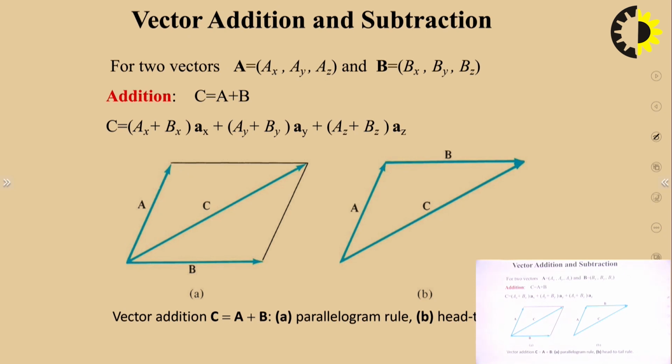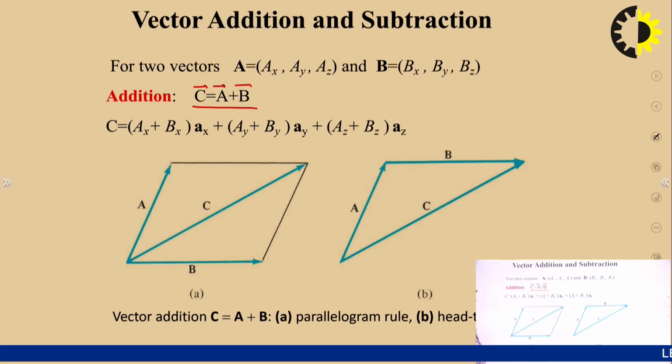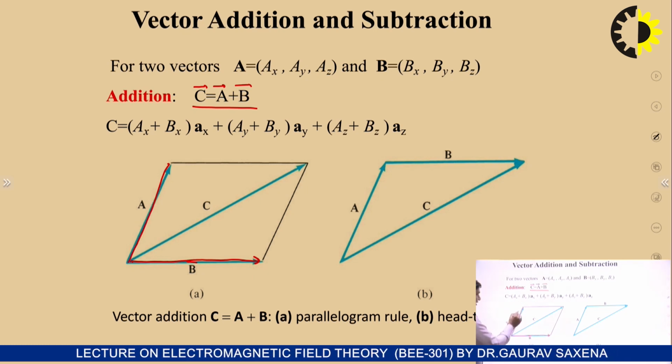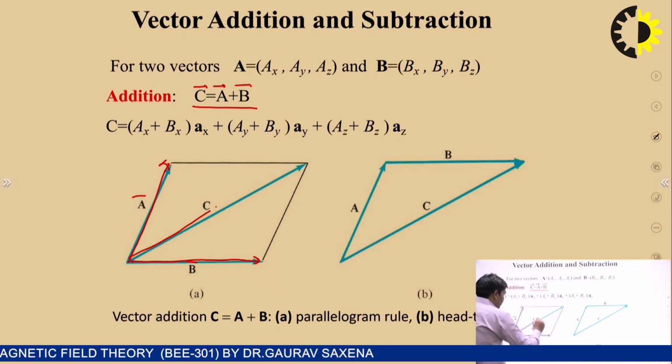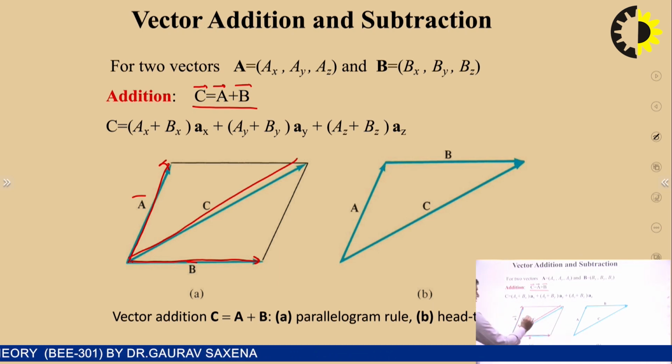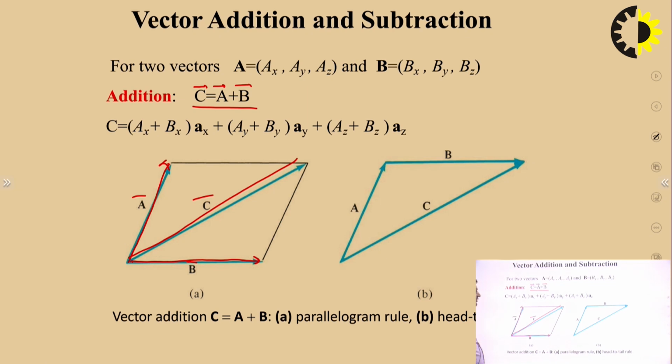If we add these two vectors, C is the resultant of vector A and vector B. Using the parallelogram rule, if this vector represents vector B in this direction and vector A is in this direction, then the resultant is the diagonal of that parallelogram, which is C equal to A plus B. So by using the parallelogram technique, we calculate the resultant of those two vectors.